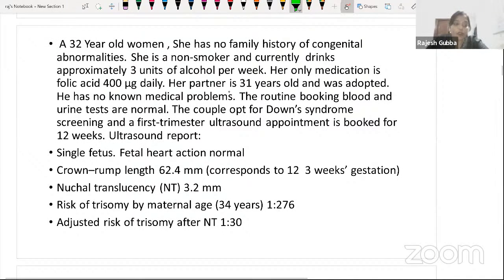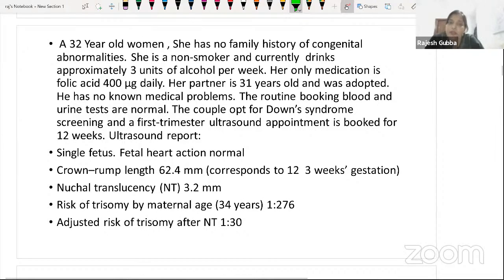A 32-year-old woman has no family history of congenital abnormalities. She is a non-smoker and currently drinks approximately 3 units of alcohol per week. Her only medication is 400 micrograms daily.